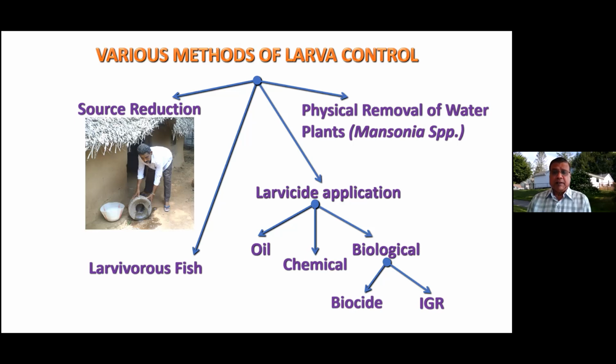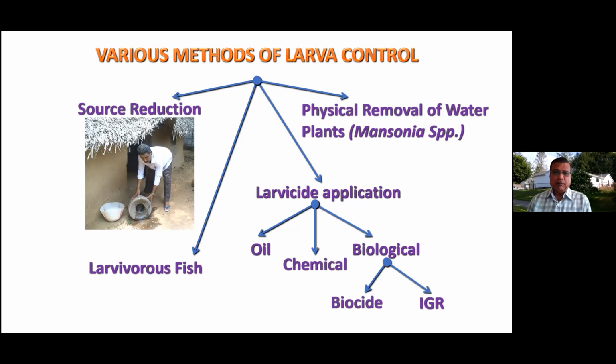In larvicide application, as we already saw, the list of larvicides, oil, chemical, and biological options are there. Among biological, it is biocide, that is Bacillus thuringiensis, or insect growth regulators. So these are the various options for larval control.